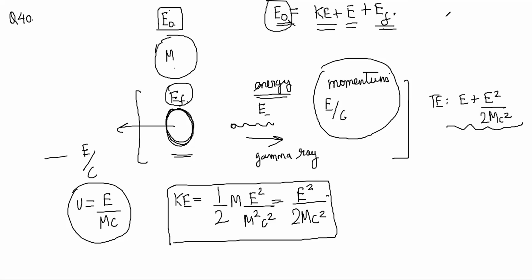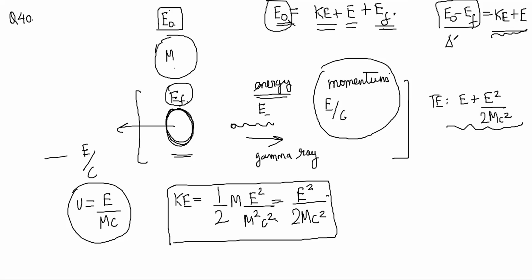So E naught minus E final is the change in internal energy, which is equal to the kinetic energy plus E. The kinetic energy we have already found out.